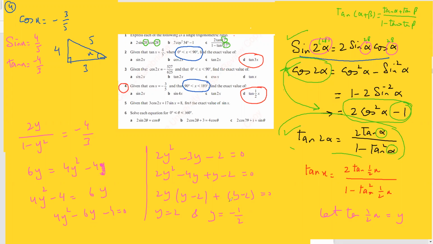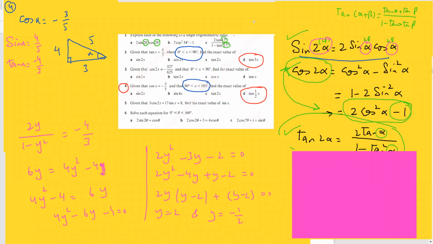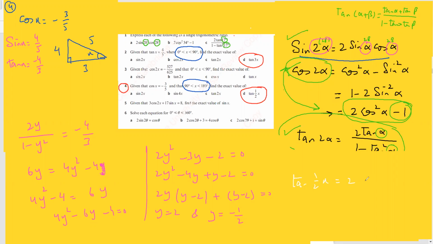Okay. So within this 90 to 180, you have your tan half x, it is either 2, or your tan half x is going to be minus half.